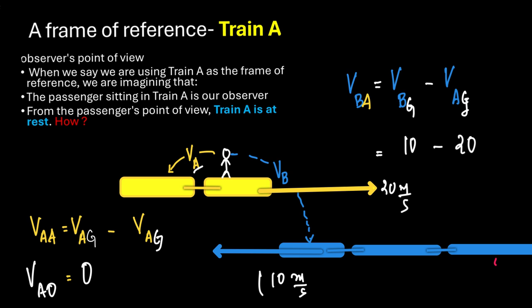So VB is actually minus 10, and therefore this becomes minus 30. So a train which is traveling at 10 meter per second, when observed from a train which is at 20 meter per second in the opposite direction, a person inside this train would feel that train B is approaching him at a speed of minus 30 meter per second.